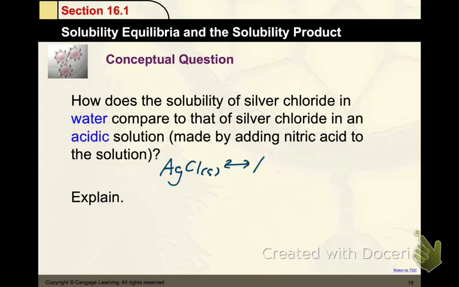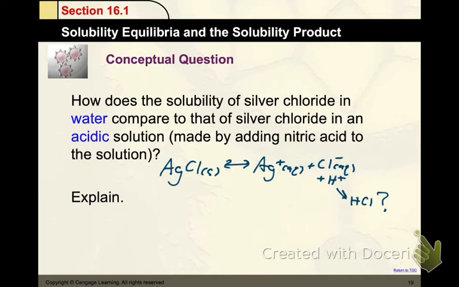Silver chloride gives Ag plus and Cl minus. Is the H plus going to affect that equilibrium if you add more H plus? In other words, could H plus combine with this anion, Cl minus, to form HCl?